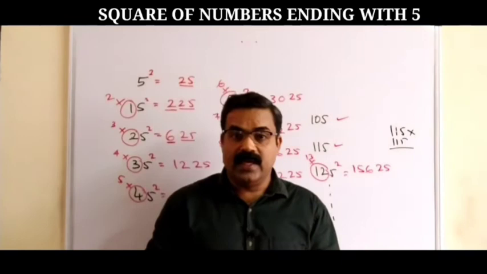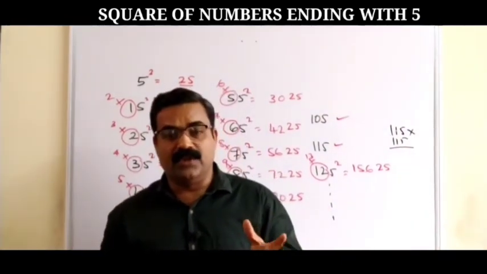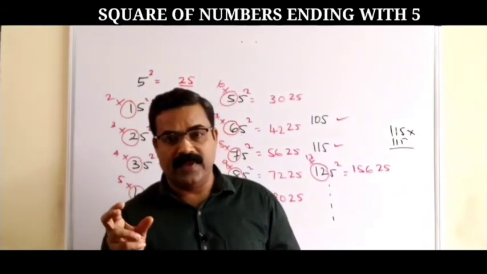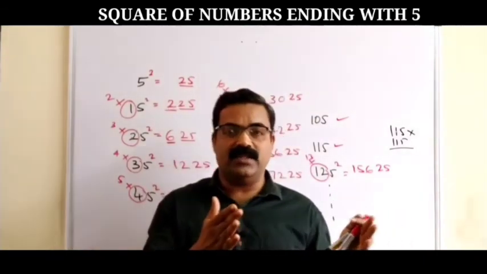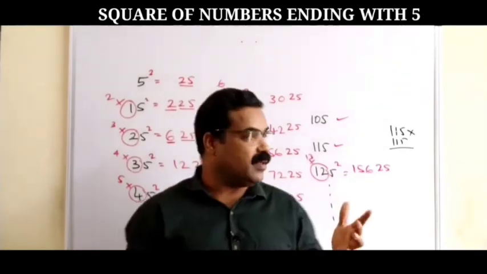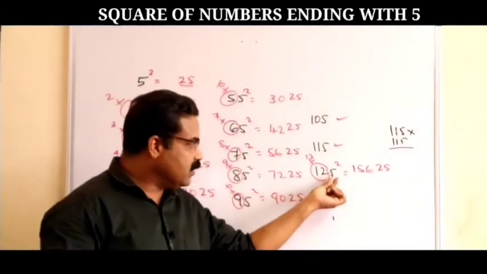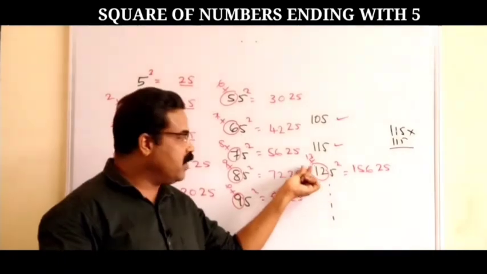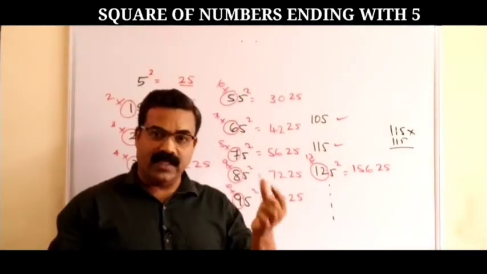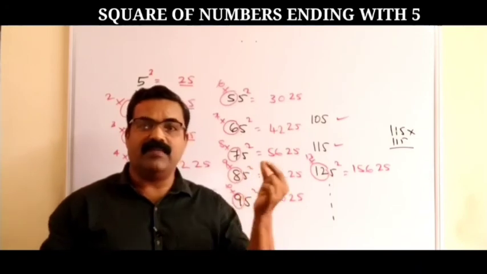So what we need to do: for any number ending with 5, to find the square, the last 2 digits of the answer will be 25. The remaining part of the answer is obtained by multiplying the remaining number by its next number. If it is 125, other than 5 we have 12, 12 multiplied by 13. If I ask you what is 145 square, 5 square is 25, 14 multiplied by 15.